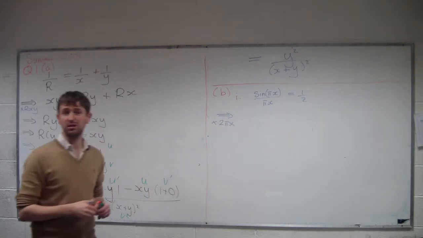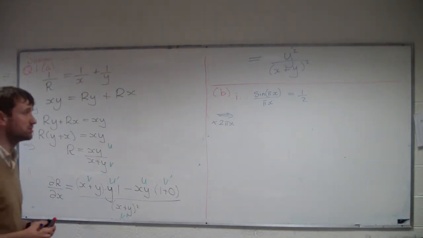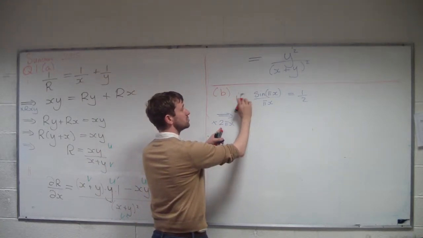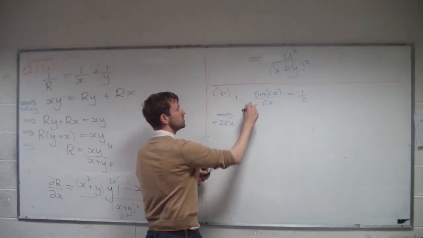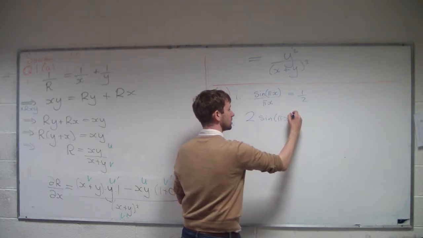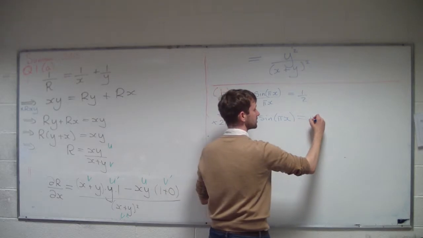Now people would use the phrase cross multiply, but I hate that because it lends people to doing all that stupid stuff. So if I multiply by 2 pi x, the pi x divided by pi x is gone. I'm left with 2 sine pi x. And if I do 2 pi x times a half, I get pi x.